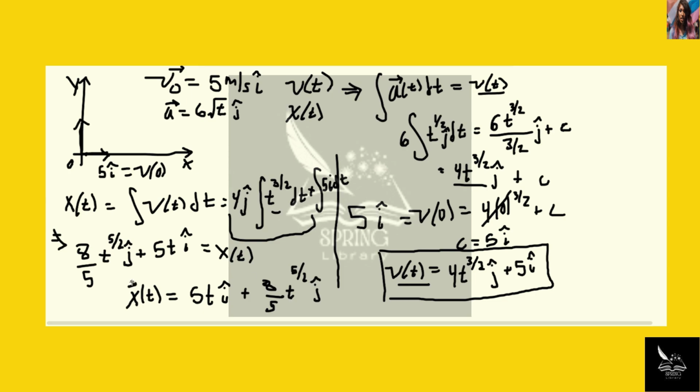And technically, these are vector functions, which is awesome. Cool. So we're going to box that in. That's our expression or our function of position. And we have our expression for velocity as a function of time. Position is a function of time.